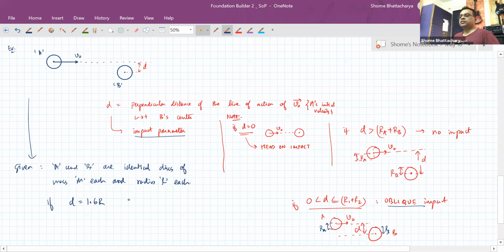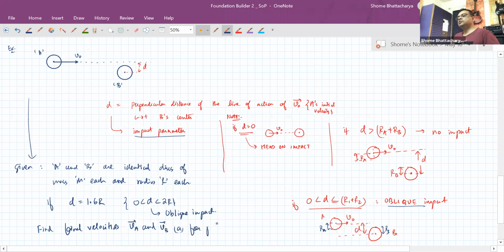You can see that this is the case where D is greater than 0 but less than 2r, so it is an oblique impact. In this case, we have to find the final velocities of A and B for a perfectly elastic collision.